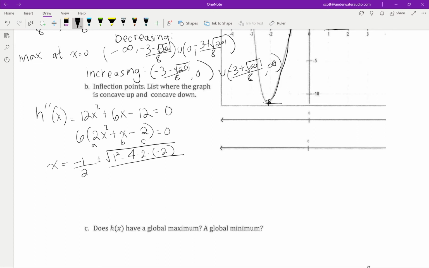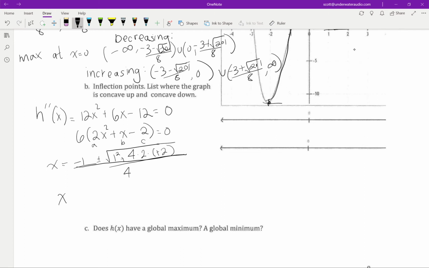Oh, actually, it looks like I didn't write... Ooh, I'm glad I caught that. 2 times A, and in fact, we'll just make this go all the way across because we can. 2 times A is 4. And then since under the square root I have a negative and a negative, I can turn them both to be positives.